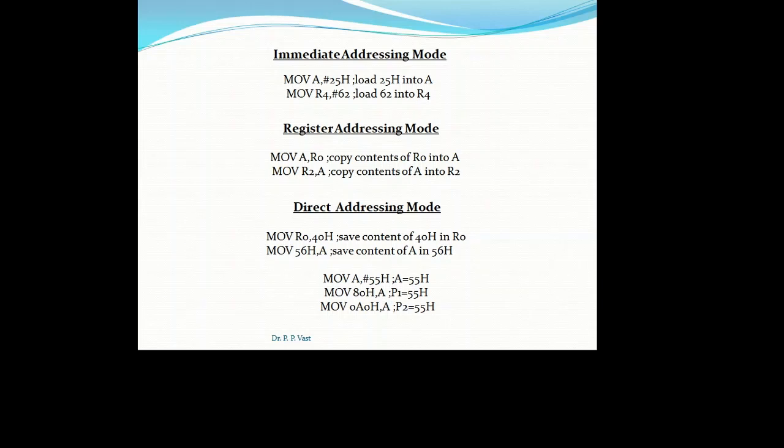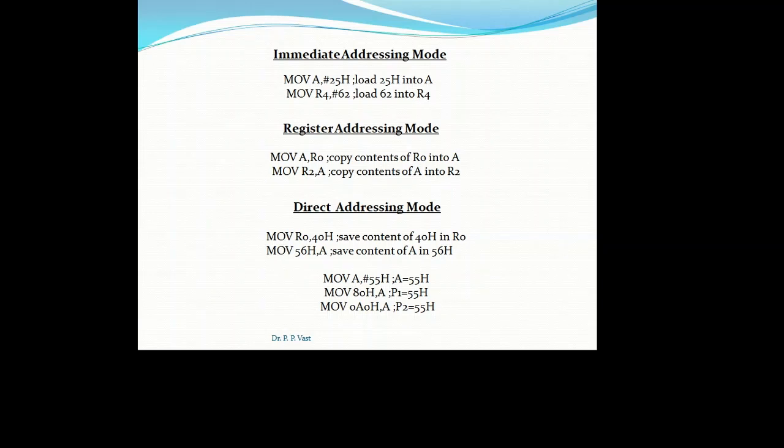Whatever the location of any register or special function register is, the data at that particular address will get copied into the register R0. In the second instruction, we can see MOV 56H, A. Whatever data is in RAM memory at the 56H address will get copied into the accumulator.